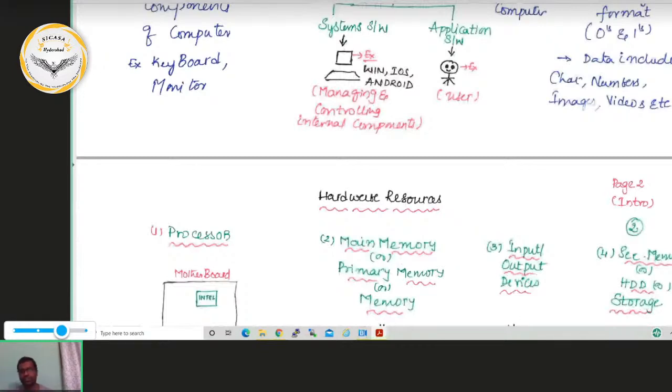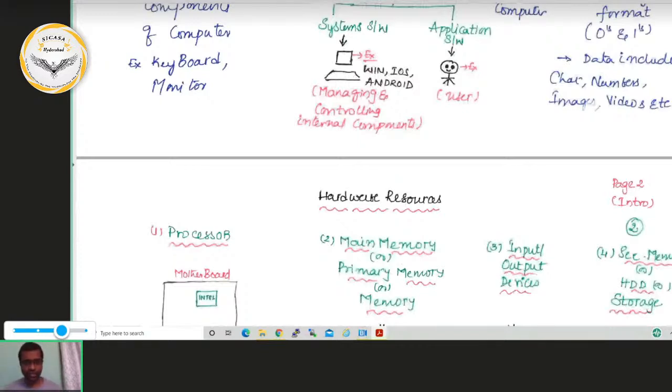The processor executes instructions. Main memory stores the data temporarily. Input output devices are for interacting with the computer and displaying the data. Secondary memory stores the data permanently, and such devices are called non-volatile devices. So this is the introduction which we require.